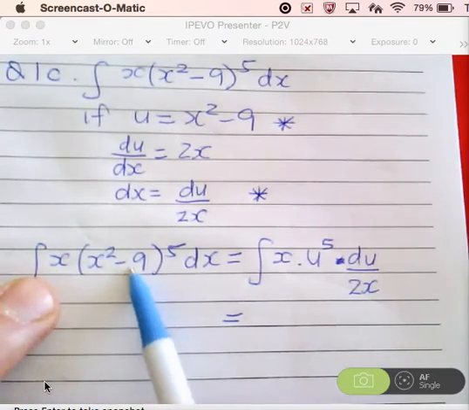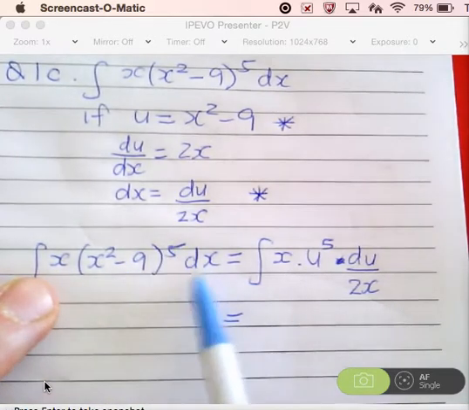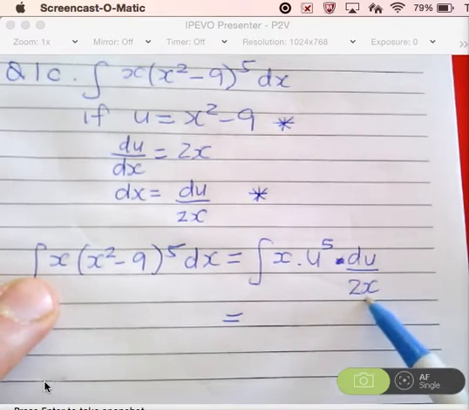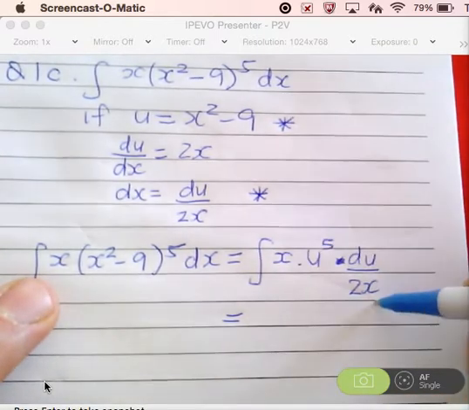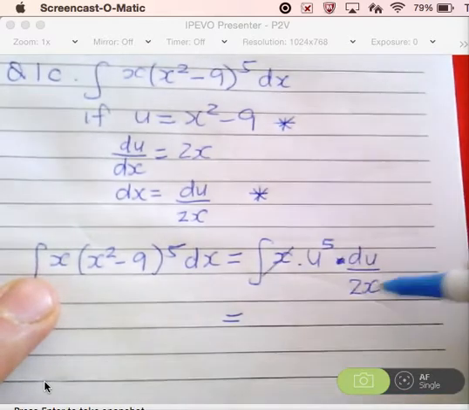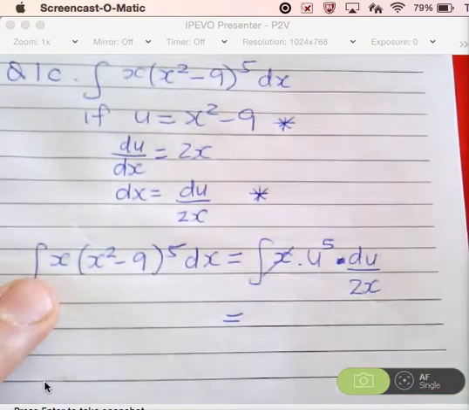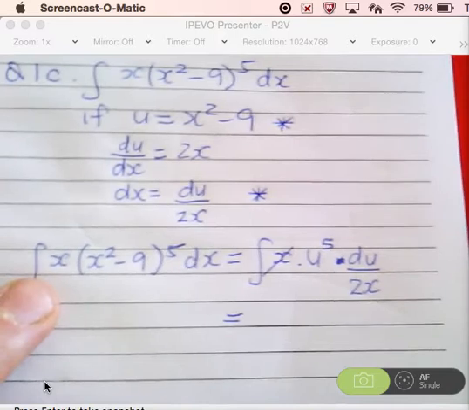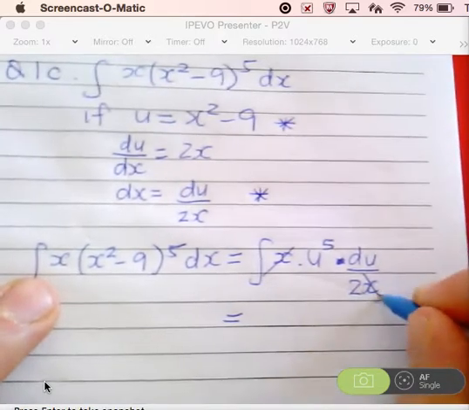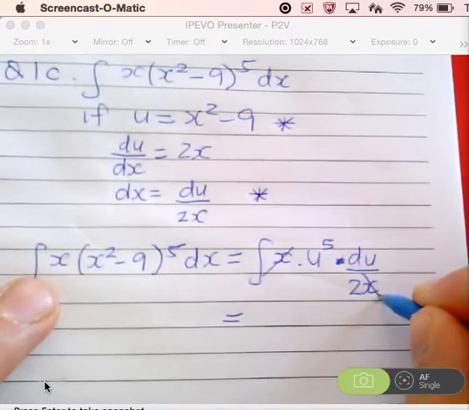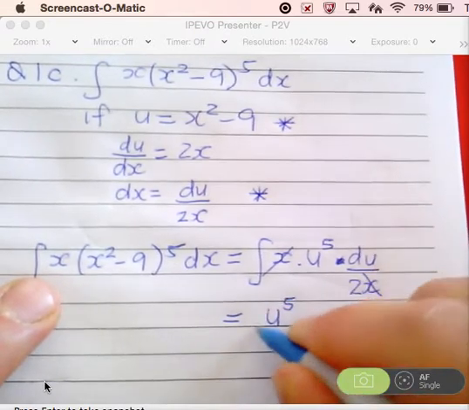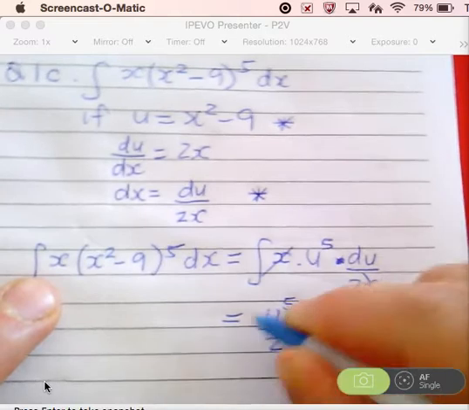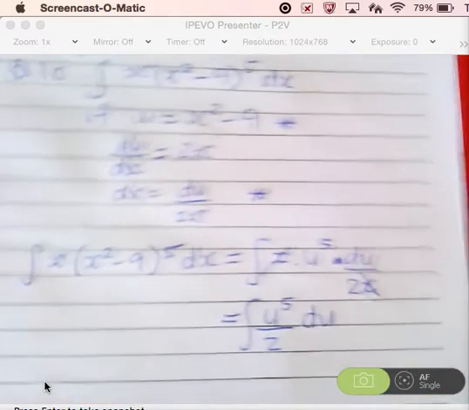I replaced this for a u. I've got my 5. dx is du on 2x. What cancels? There's an x at the top. No, there's not two x's. It's 2 times x. It's not x squared. Okay, so we've got u to the 5 over 2 du. Now there are no x's.